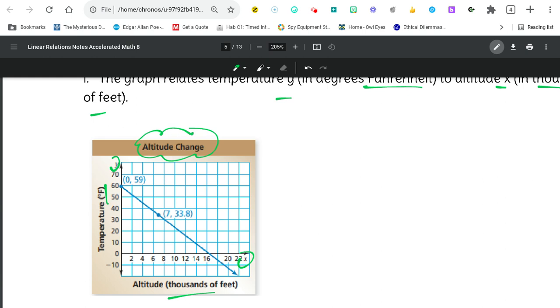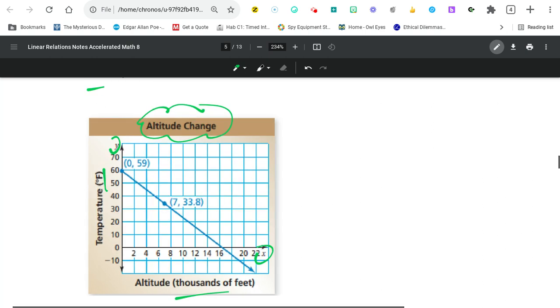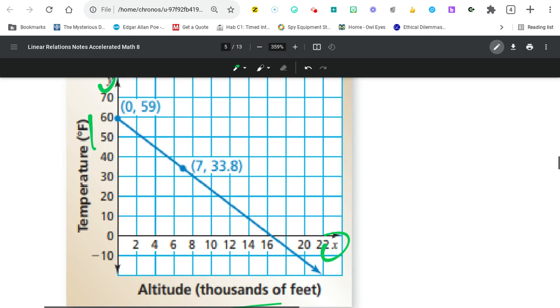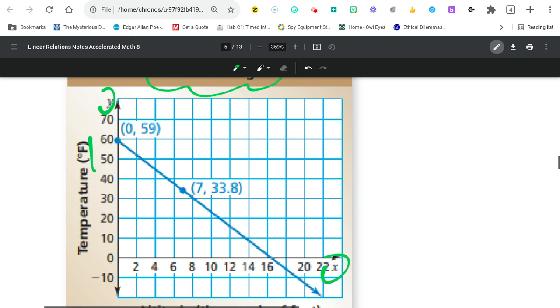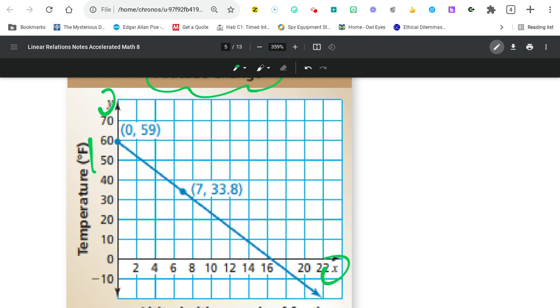All right, so they already gave you 2 points that you can read, but I don't like that. You could count up, but I don't like either one of those. Let me see if I find something that I can read that I know is exact. Okay, I don't see anything on here that may be exact. 830 looks like it might be exact, but I don't think that's exactly on this. I'm not going to use that.